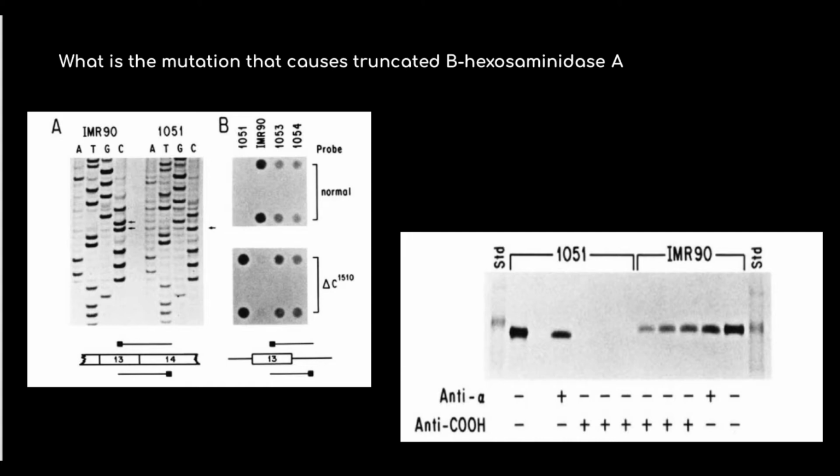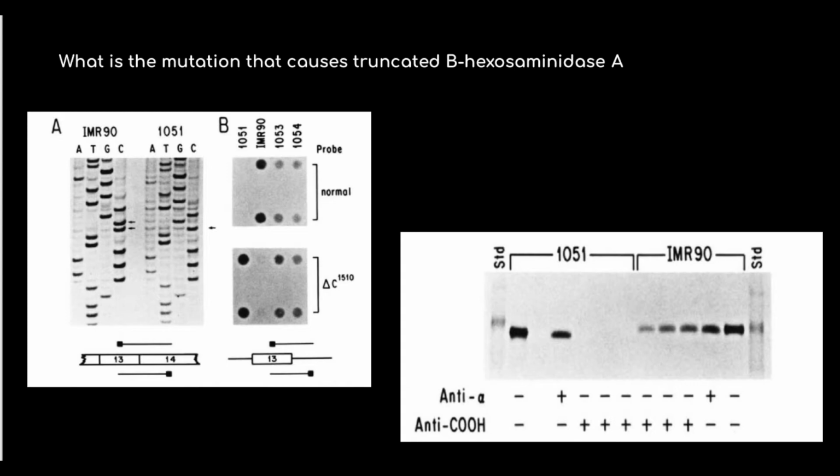However, when they compared the carboxyl ends, they determined that there was no immunoprecipitation in the carboxyl regions for the 1051, and they believe that this could be explained by the fact that there were no amino acids present in this region for the antibodies to target. Furthermore, there was no precipitation occurring.